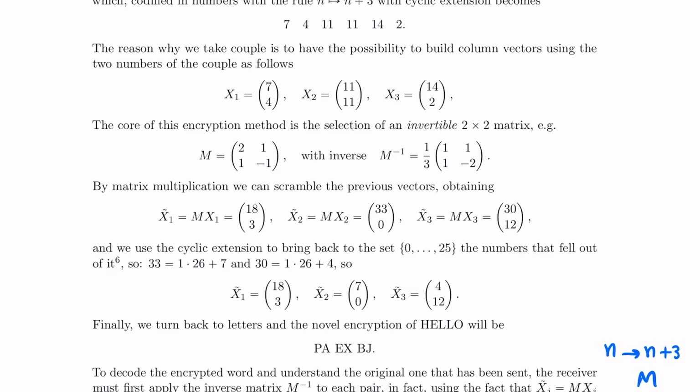This encryption method based on matrices becomes safer and safer as the dimension of the matrix grows, because in this case the number of permutations of the positions in the matrix entries becomes really large, and so it will take quite a long time to find out the correct encryption matrix.